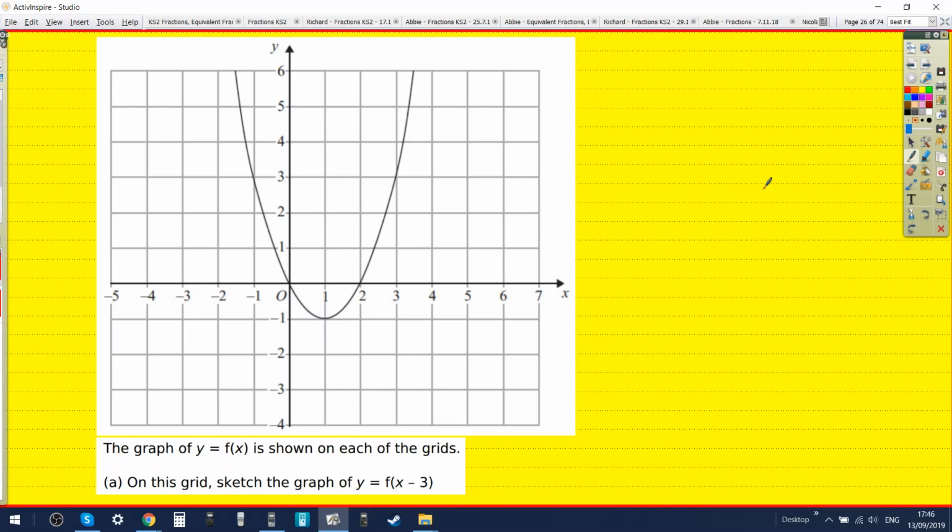On this grid, sketch the graph of y equals f(x minus 3). Okay, so it's going to go plus 3 to the right.